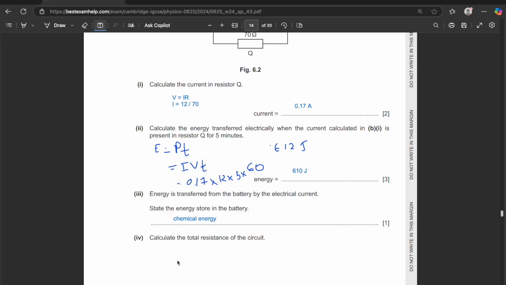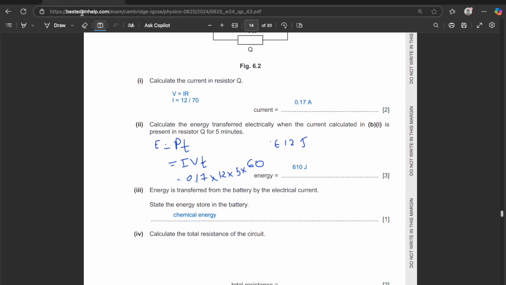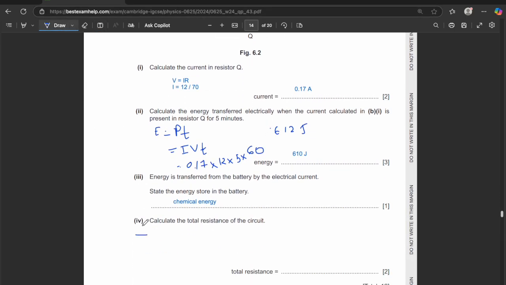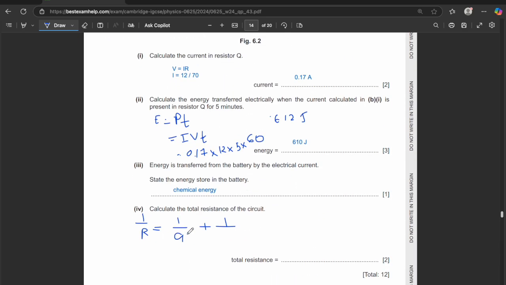And 4. Calculate the total resistance of the circuit. So this is a parallel connection, so you have to use that formula. So 1 by R that you want is equal to 1 by R1 plus 1 by R2. And so 90 and 70, you can just substitute.